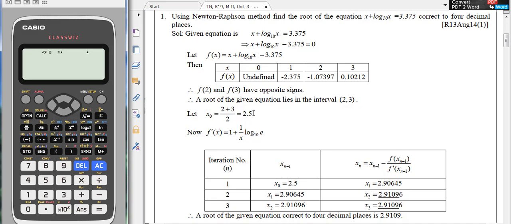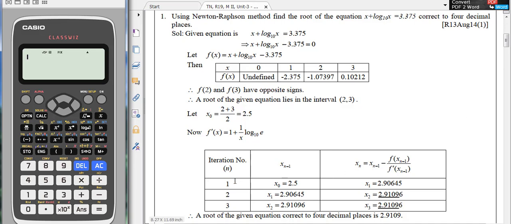Without knowing the first derivative of f of x, with the help of a calculator you can directly go for obtaining the successive approximations, and hence you can use a tabular form consisting of 3 columns. First column the iteration number n, the next column x(n-1) values, and the next column xn values.